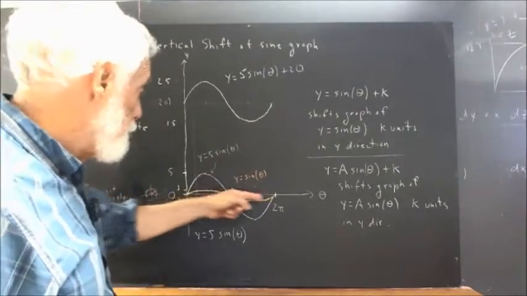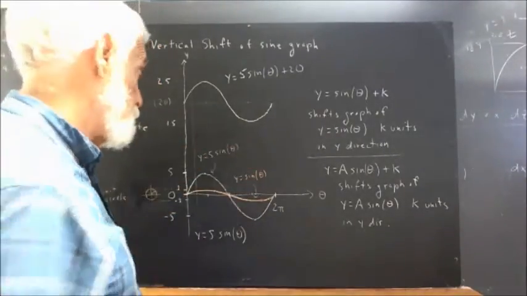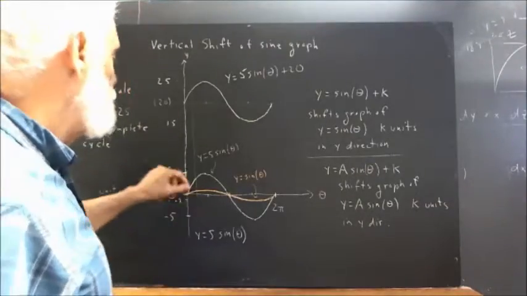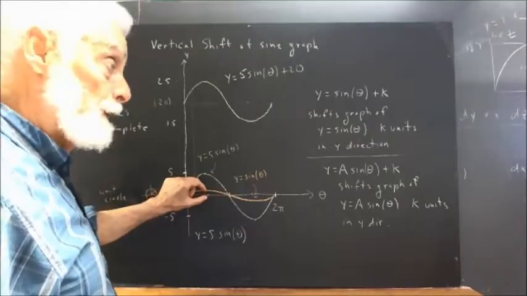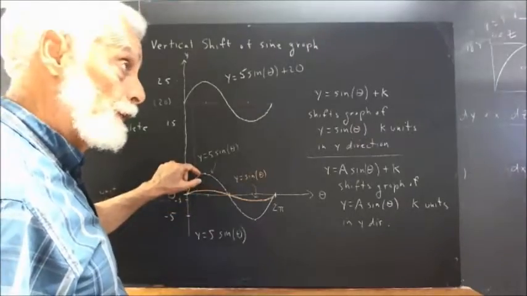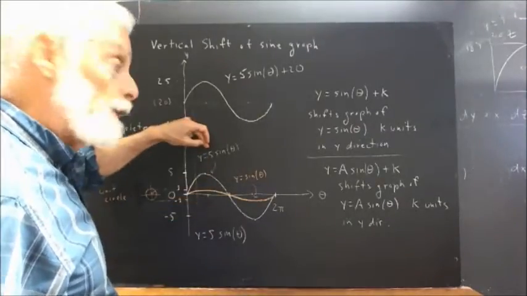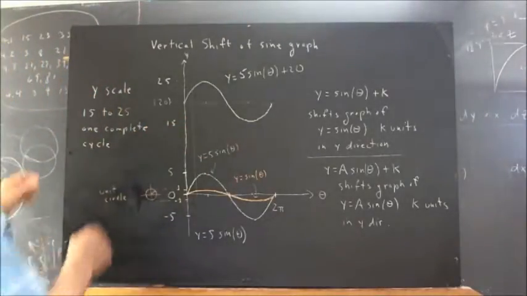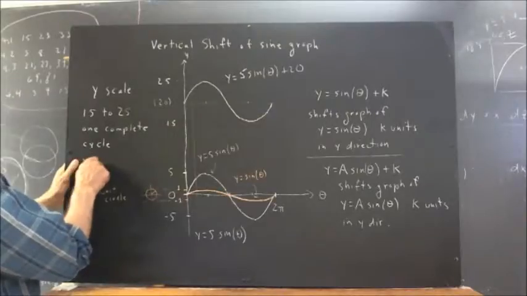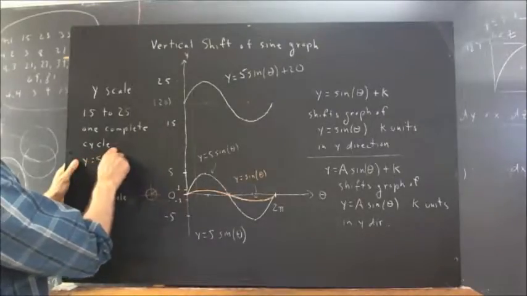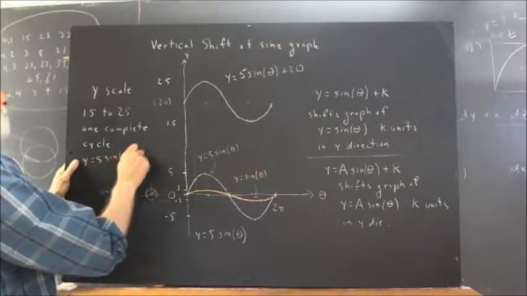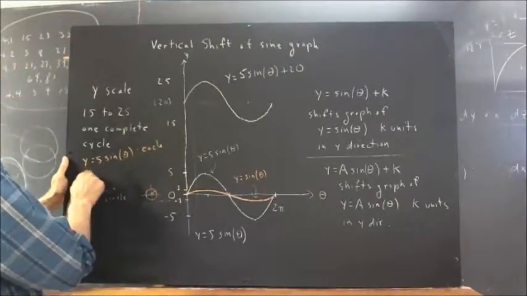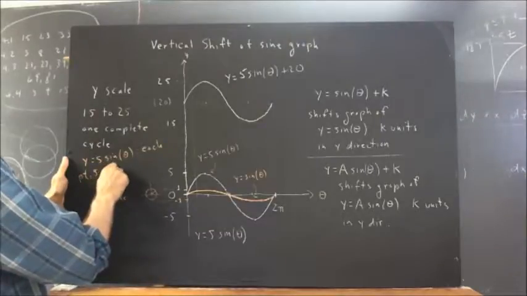We construct the graph of just y equals plain old sine of theta. Then we use that graph, moving each point 5 times further from the y-axis to get the graph of y equals 5 sine of theta.